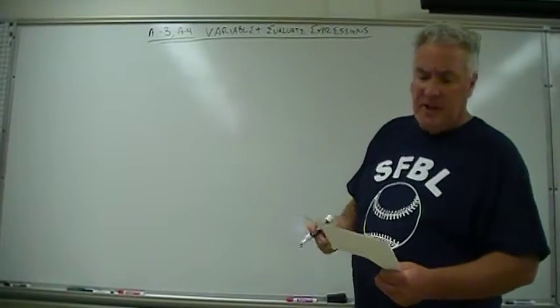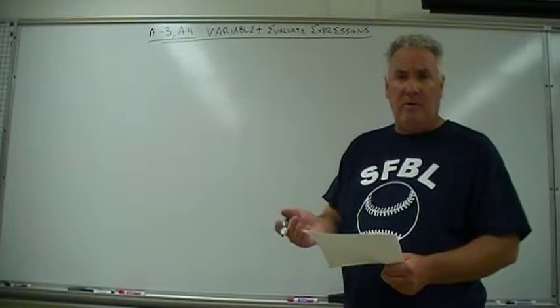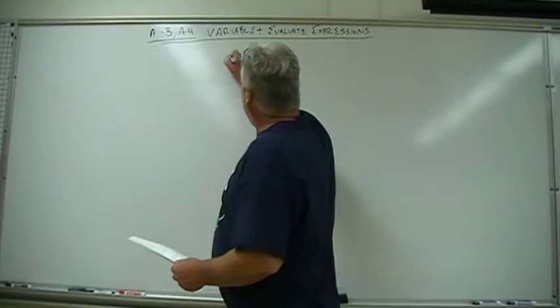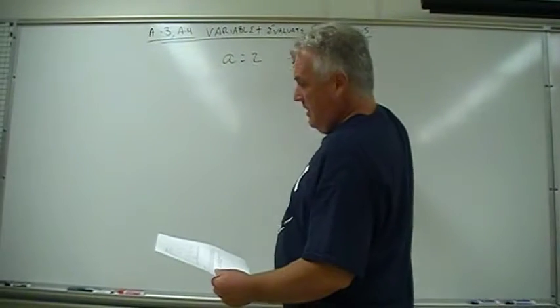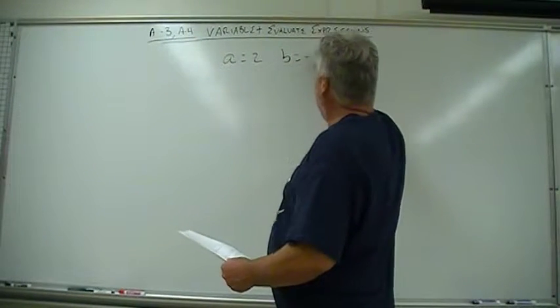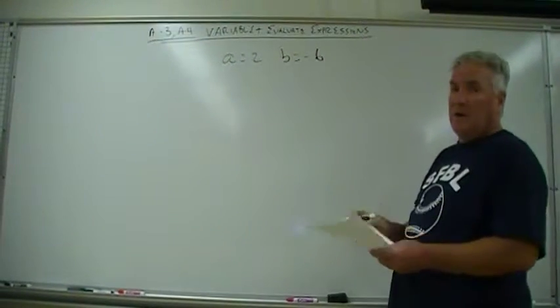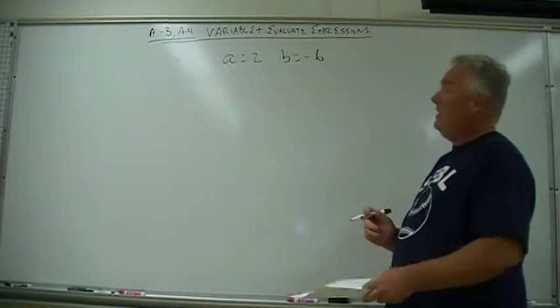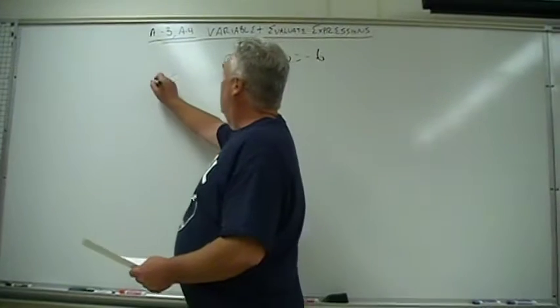So the directions say evaluate, find the value of, when A equals 2 and B equals -6. So for our situation, A is going to equal 2 and B is going to equal -6.